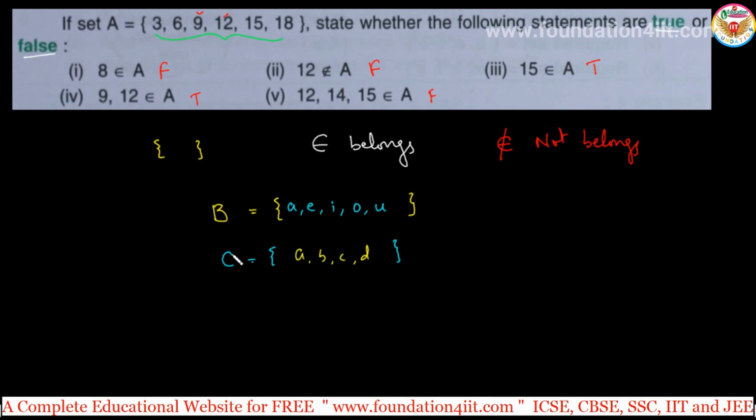If only a, b, c, d are in set C, we can say this small e does not belong to set C. Here m does not belong to set B, or a belongs to B. For sets we use capital letters, for elements we use small letters in case of English, and for members or elements we can also use numbers or variables. The main thing now: let us see exactly what the properties are, what the types of sets are, and how to define them. Various problems we'll see now.